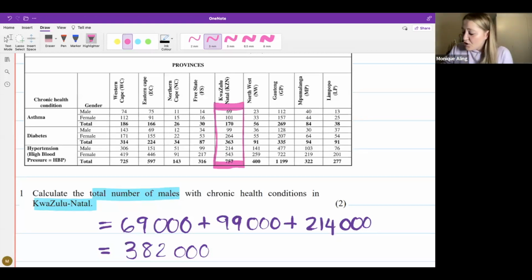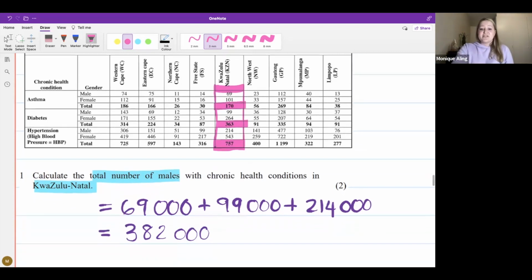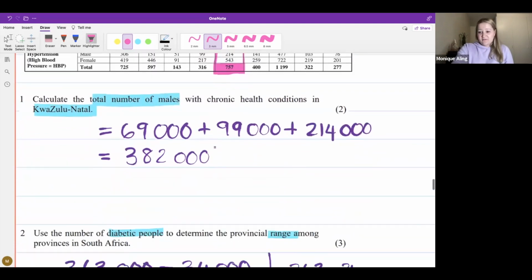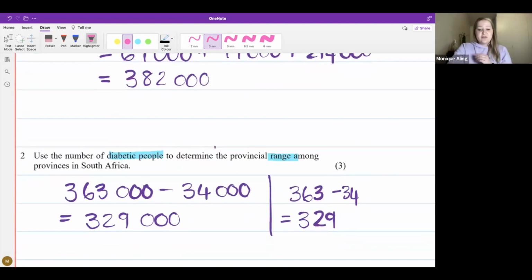We're going to take the total for asthma. There's 170,000 people with asthma, 363,000 people with diabetes, and 757,000 people in KZN with hypertension. That's the first step, working out the main total in KZN.